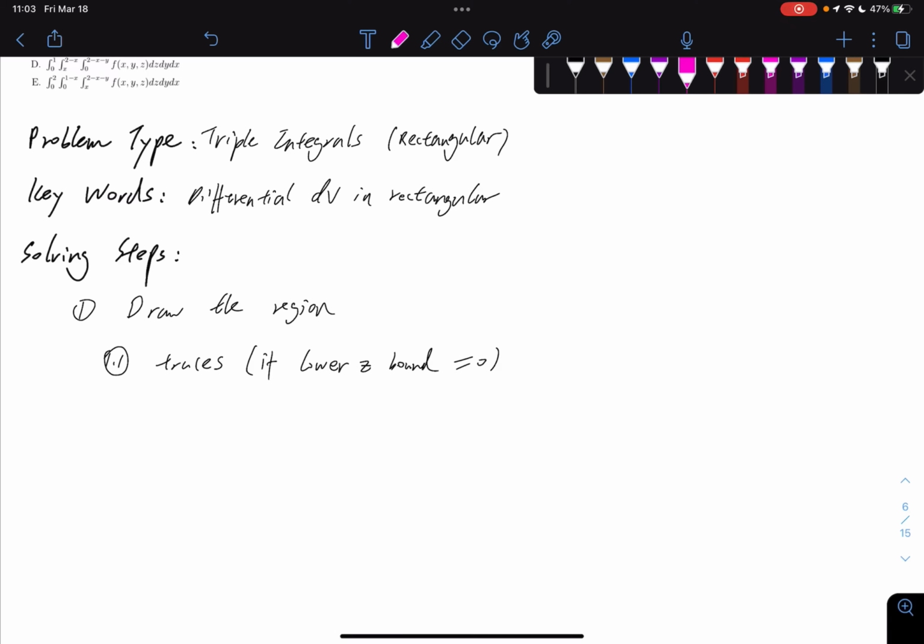And you might wonder, we have the xy trace, xz trace, and yz trace. Which one is going to be the most helpful?